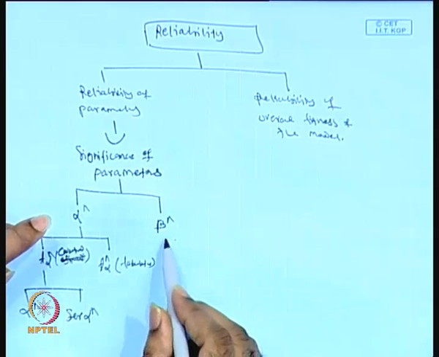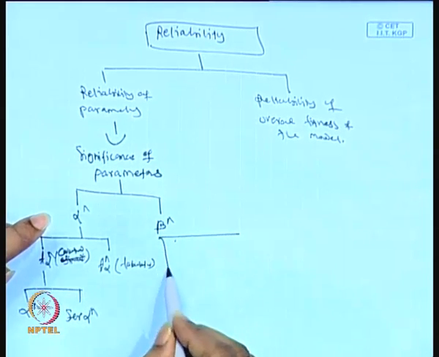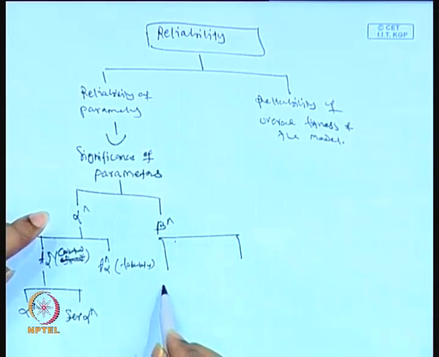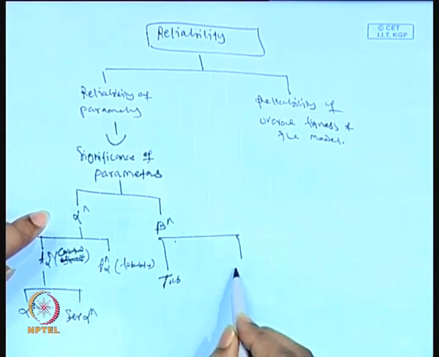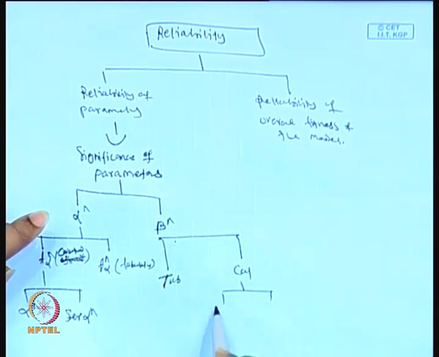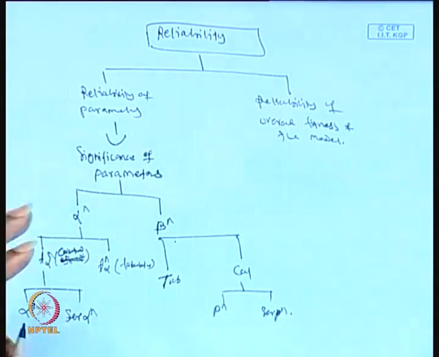Similarly, for beta head we have two aspects, the tabulated T statistic and the calculated T statistic. The calculated T statistic again depends upon beta head and standard error of beta head. Okay. So, this is one part of the story, what we call the reliability of the parameters.